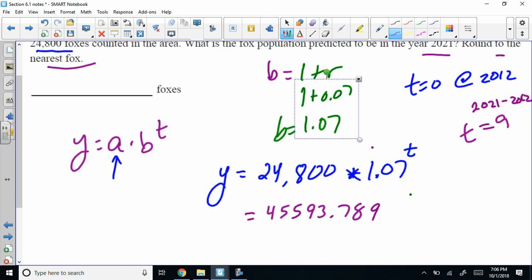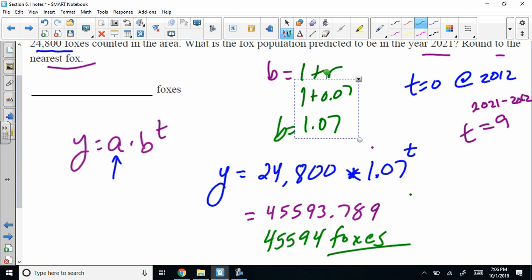Well, it said round to the nearest fox. In 2012, the population is 24,800, so they gave you the initial value.